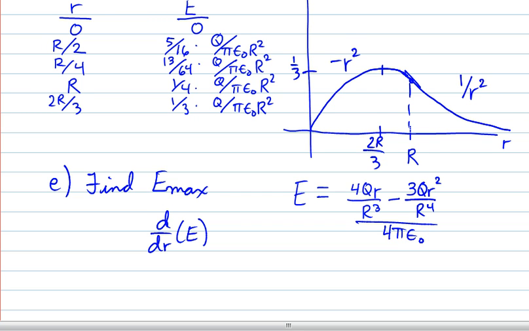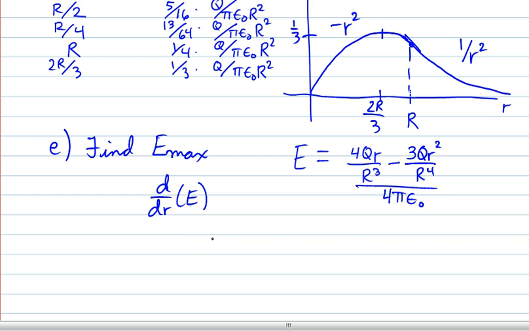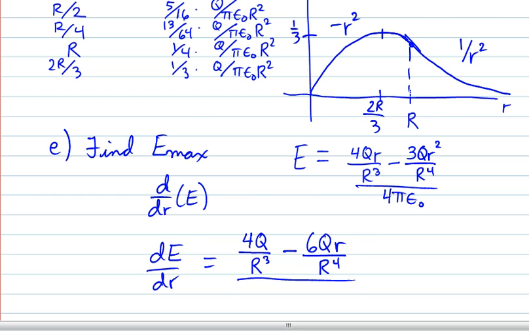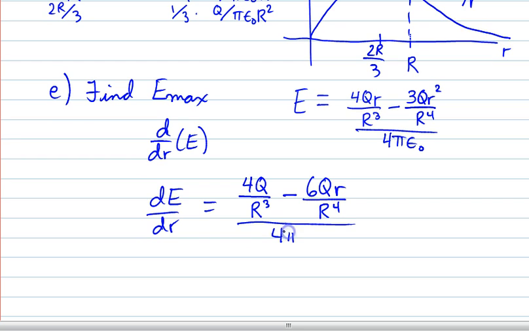When I take the derivative of this with respect to r, dE dr is going to be 4q over R cubed minus 6q r over R to the fourth, all divided by 4 pi epsilon naught. But then we remember that to find a max or a min, a local extreme, we have to set the derivative to 0.